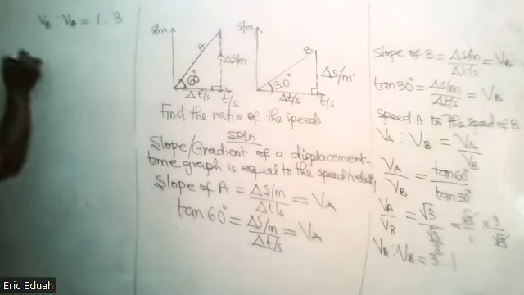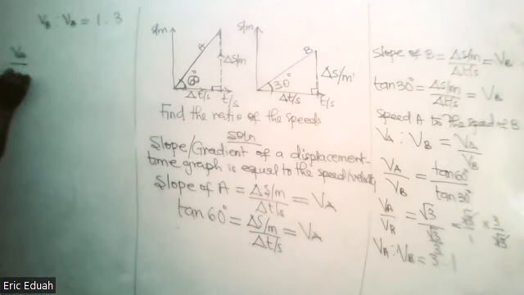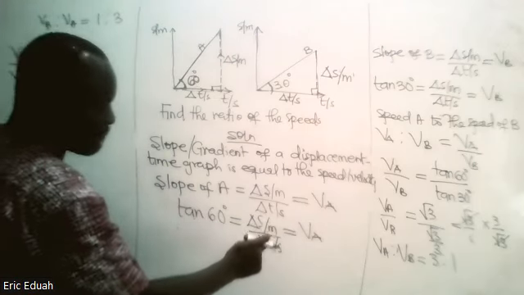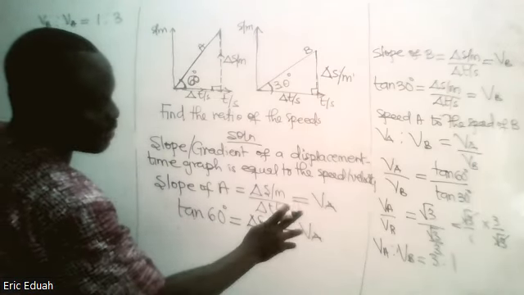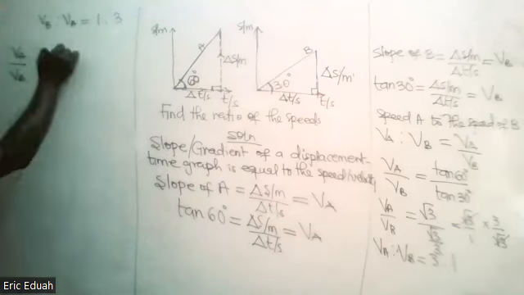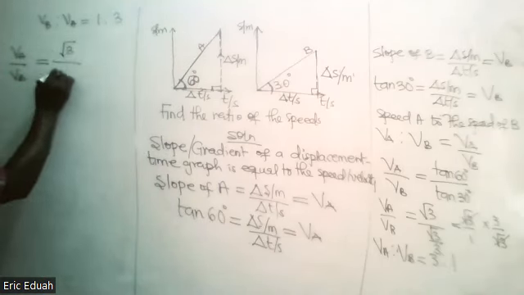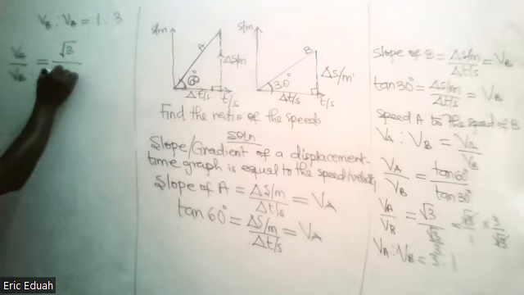Florence, this is velocity of A to the velocity of B. For VA, we got root 3. So root 3 over VB, we got root 3 on 3.